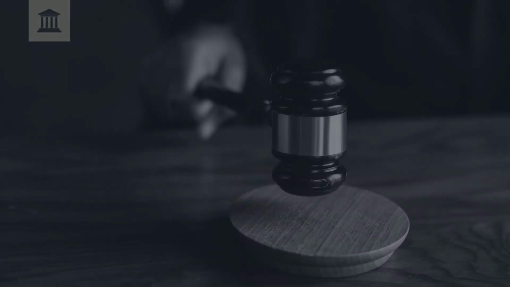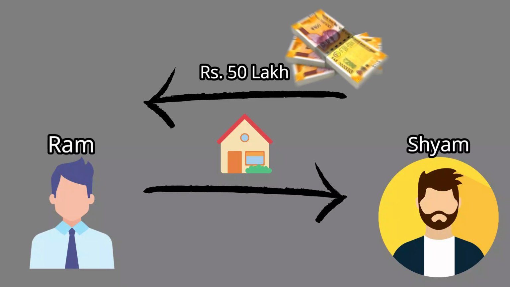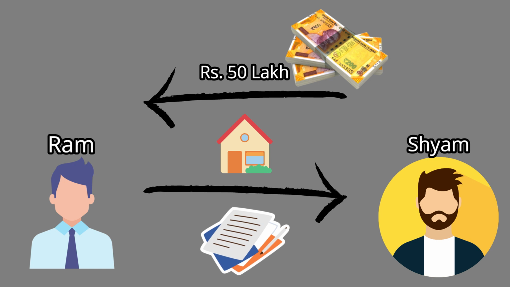Let us take the example of Mr. Ram, who wants to sell his home to Mr. Sham for 50 lakh rupees. Here Sham has given 50 lakh rupees to Ram and Ram has handed over the registration documents to Mr. Sham.